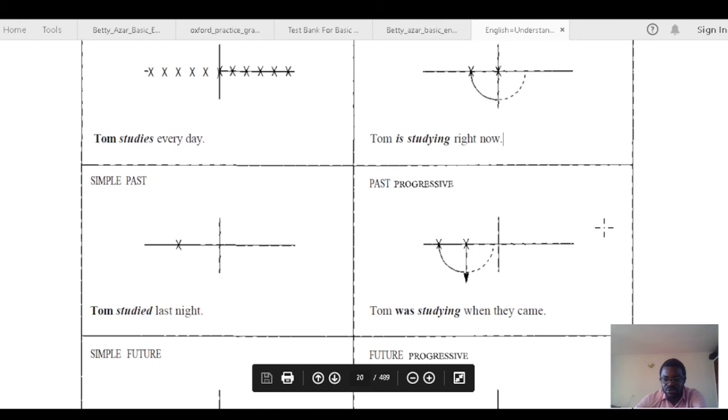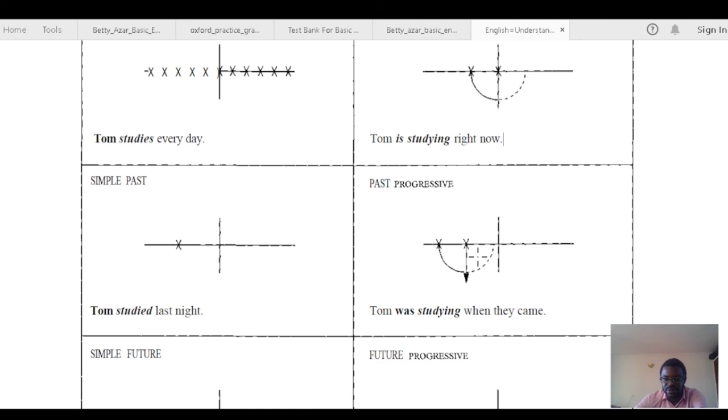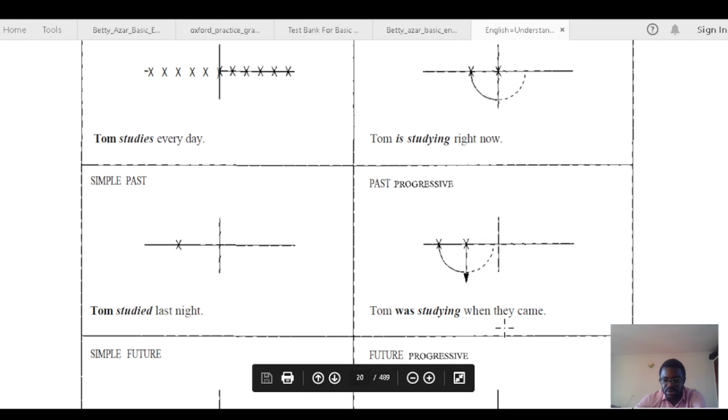Okay, then you have the past progressive. So you see, this one is progressive, it could start from here to here, even in between the past and here. But the past progressive is from the past, it has nothing to do with anything near the present, how much more the future. Tom was studying when they came.